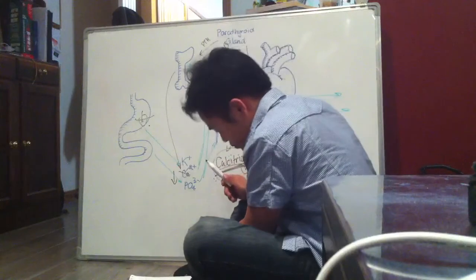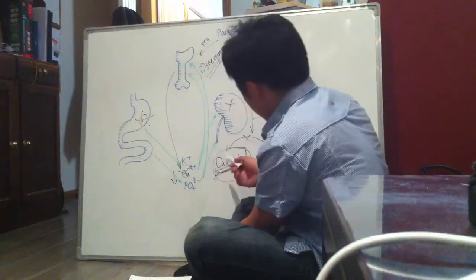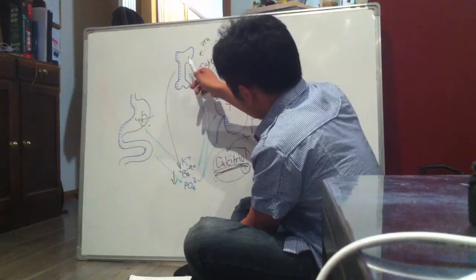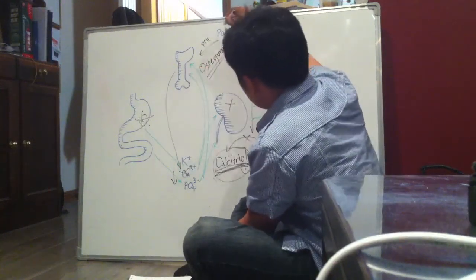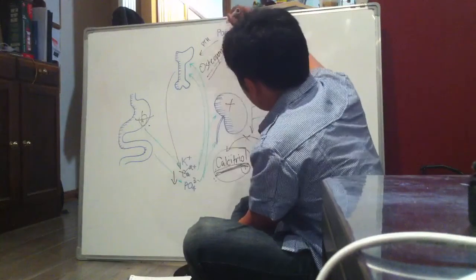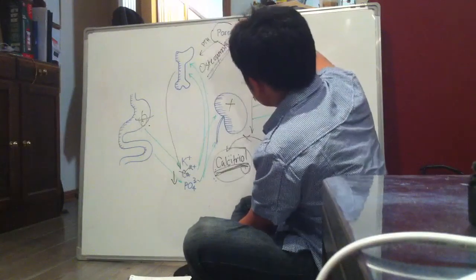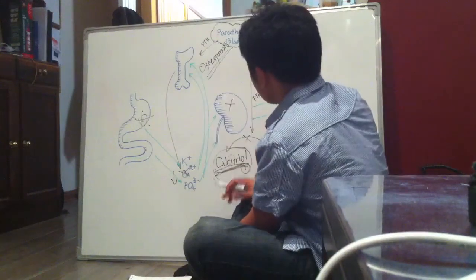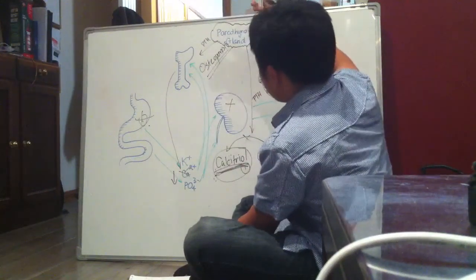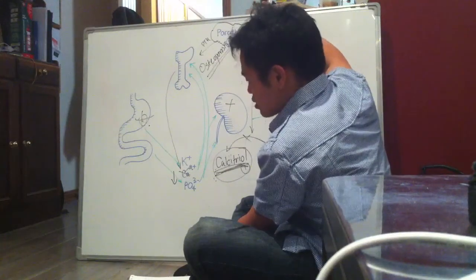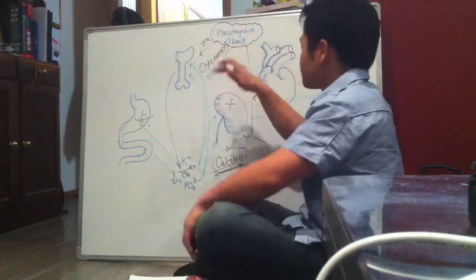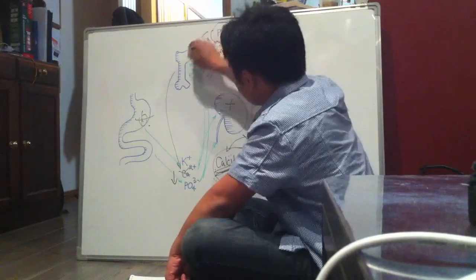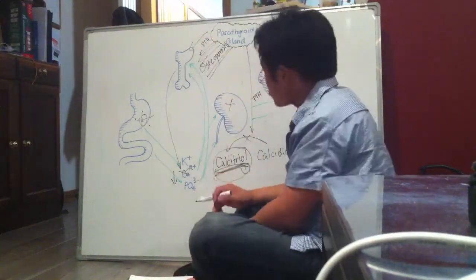The other thing is, as this continues, your parathyroid gland starts to lose sensitivity towards the calcium level, and then it becomes hyperplastic. So it grows and releases more and more parathyroid hormones.